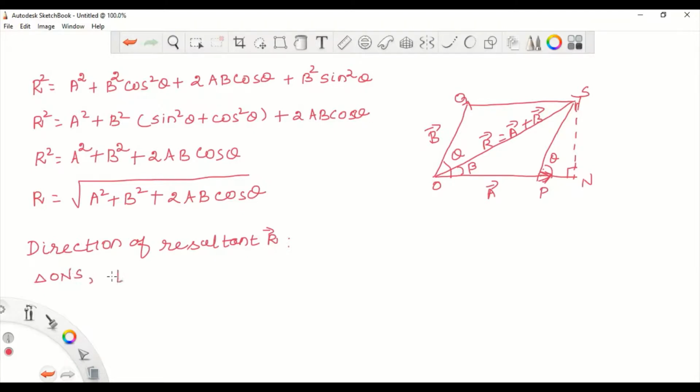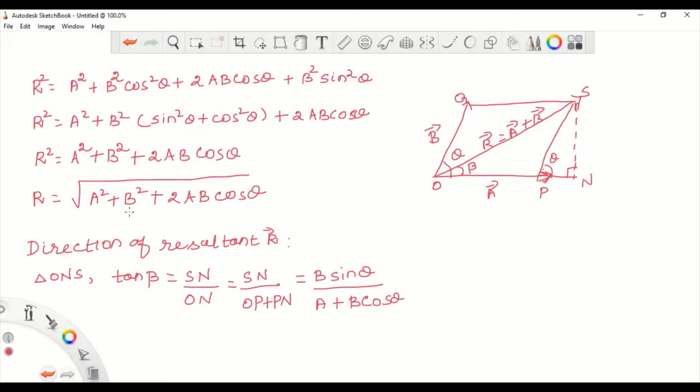Okay. What is tan beta? Tan beta is equal to opposite side SN divided by adjacent side ON. Again you know that what is ON? OP plus PN. So can you write it as what is SN? We know that it is B sin theta. And again OP is A plus B cos theta.